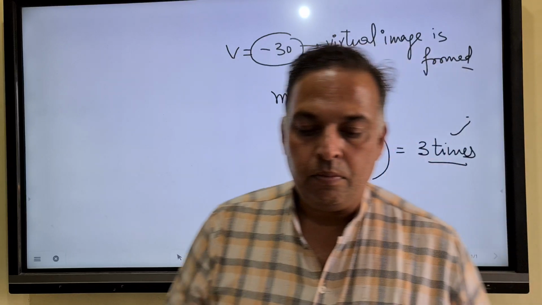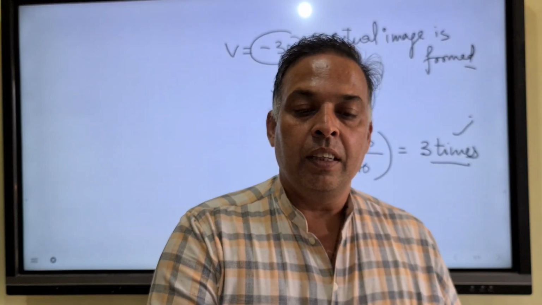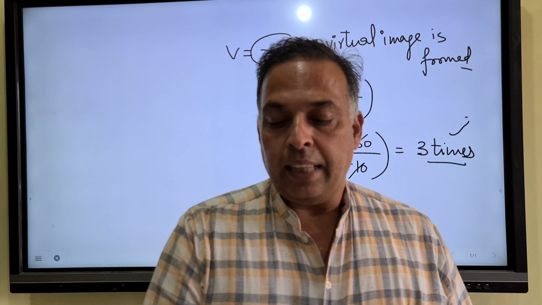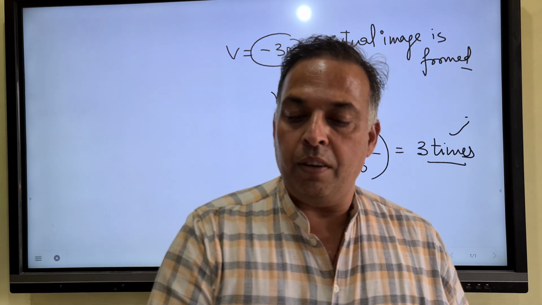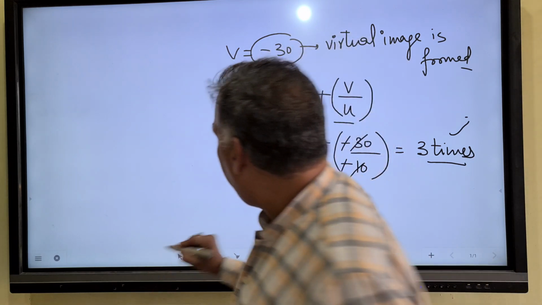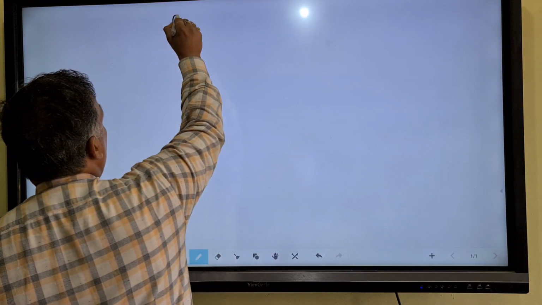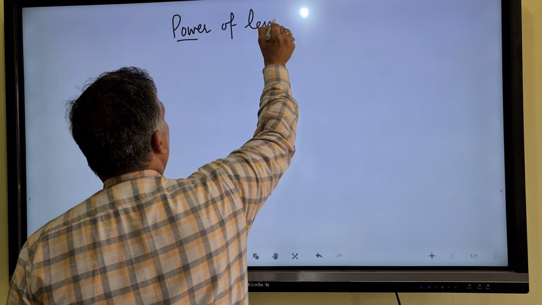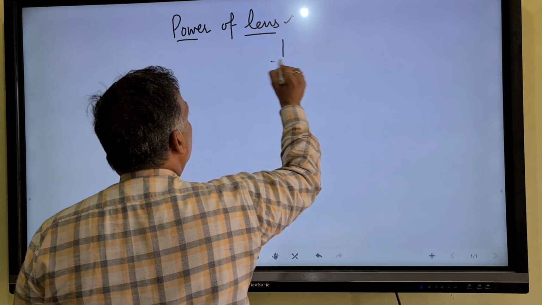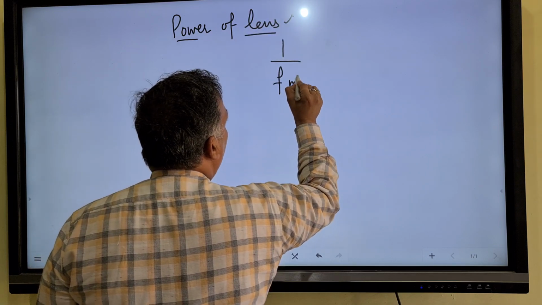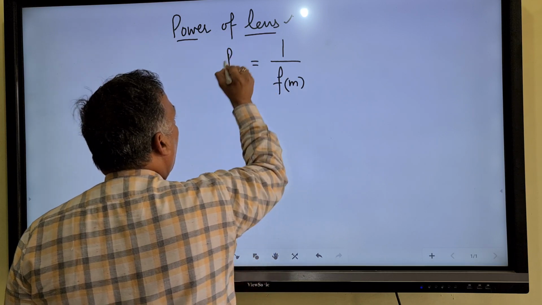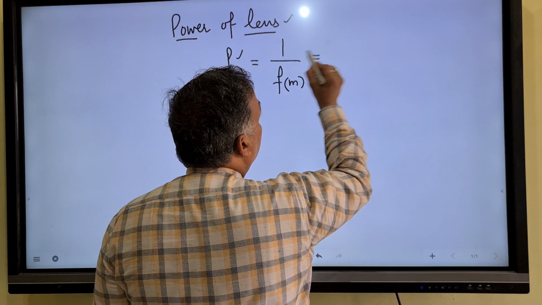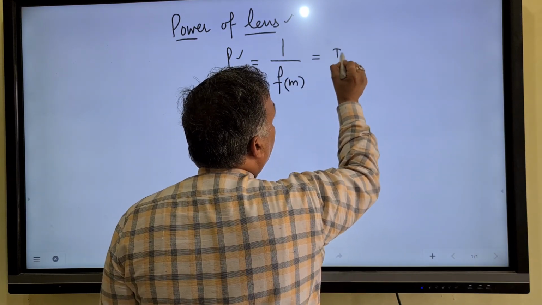Another, we have to solve the formulas regarding the power of a lens. Power of a lens: the inverse of focal length in meter is called the power of a lens.